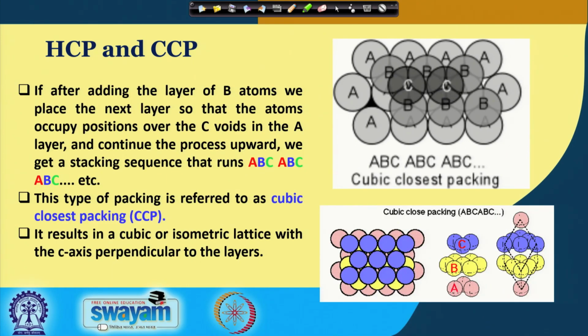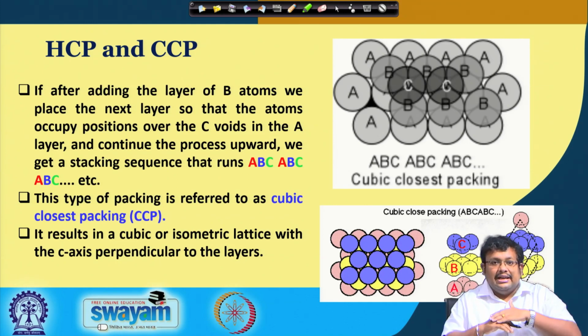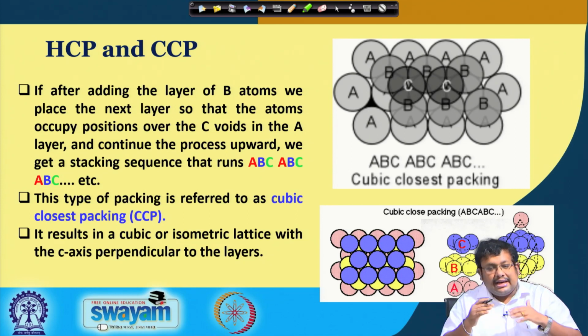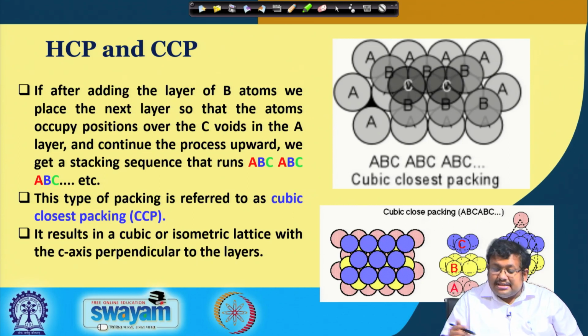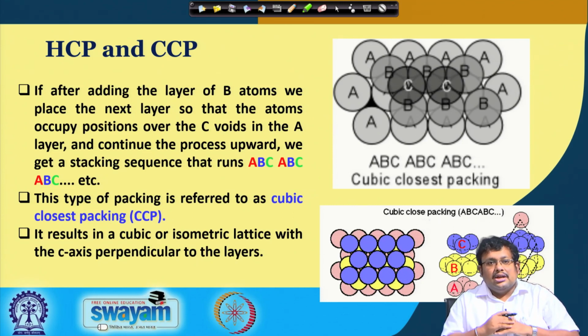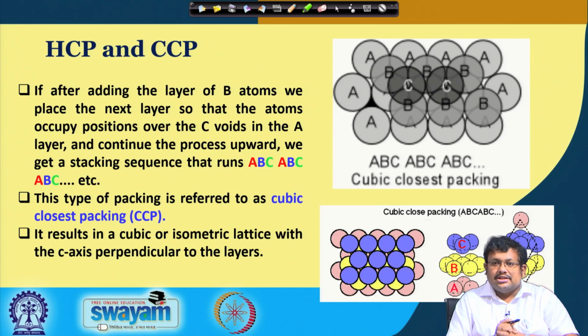And what is cubic closest packing? Now in cubic closest packing, we start with the A layer of atoms and then we stack a B layer of atoms just above the B voids, and there is another layer of atoms which is stacked over the C voids of the A layer, then there is a repeating layer structure like ABC, etc. So this layering structure is known as cubic closest packing.